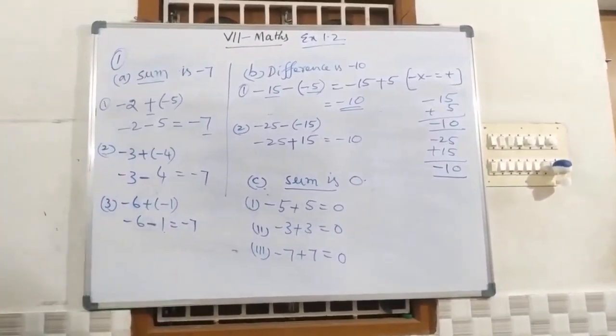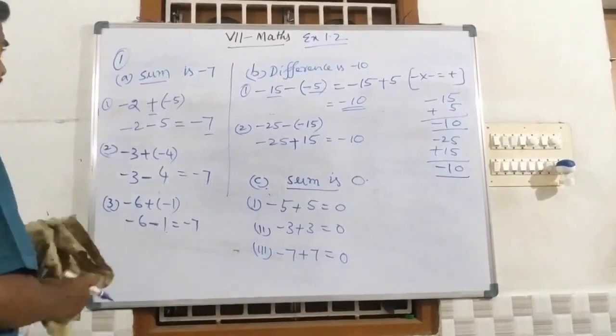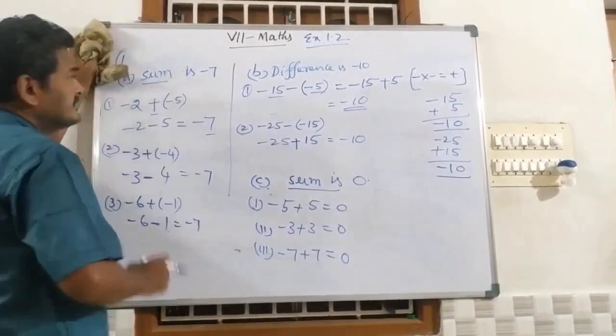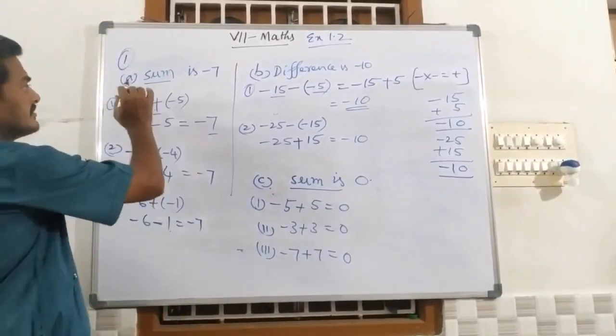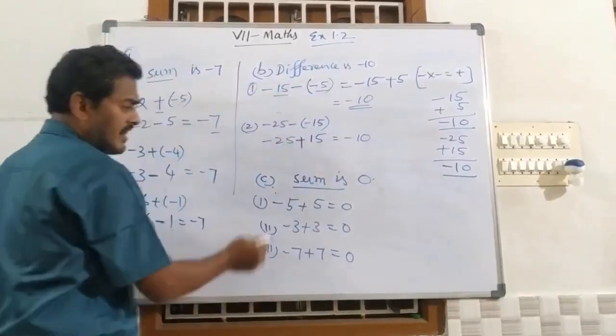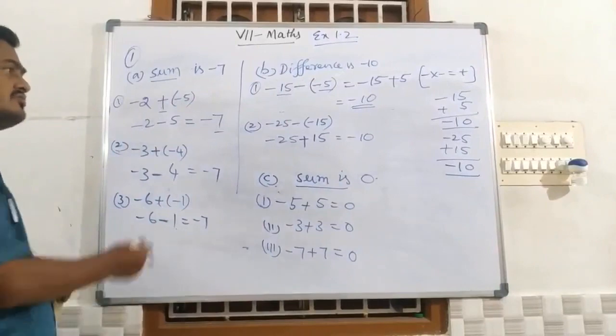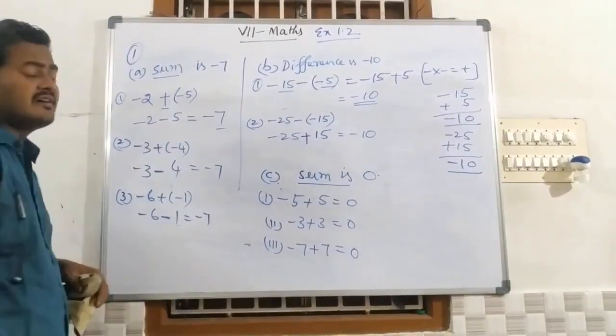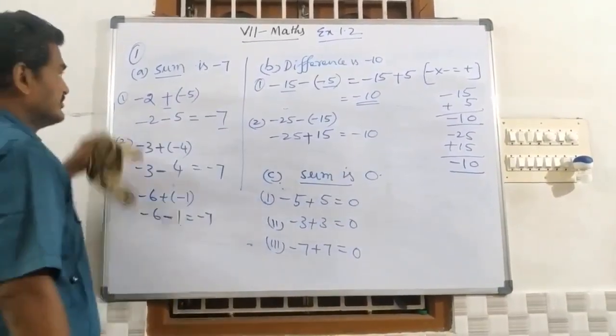So this is the first question, based on these three: the pair whose sum is -7, difference is -10, and the sum is 0. Like this we can change the symbols and do the sums in the worksheets.